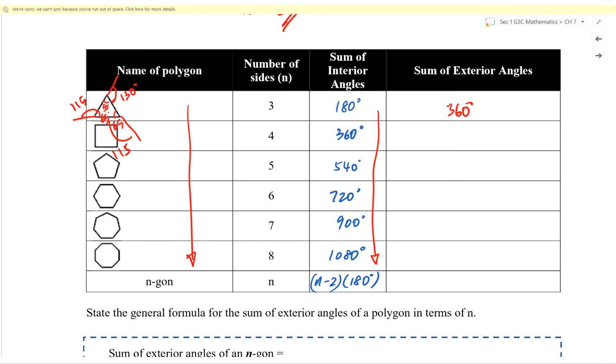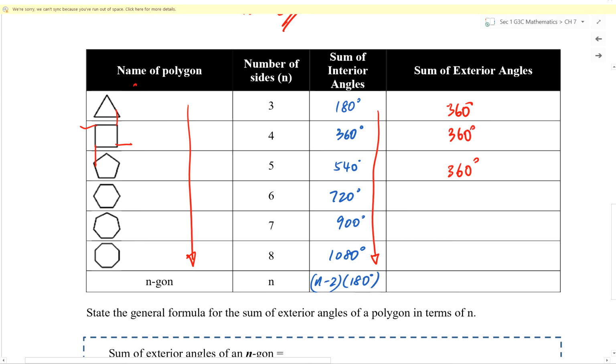Okay? Right now we can confirm that whether it is 5-sided or 3-sided, we get 360 degrees. What about a square, a rectangle, trapezium, parallelogram? You should know that for interior angle 90, exterior must also be 90. Times 4, you get 360 again.